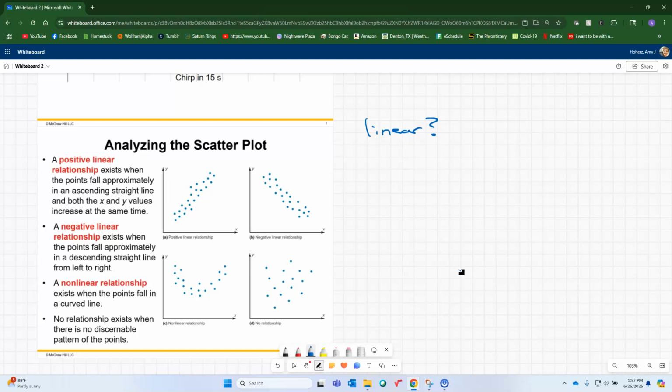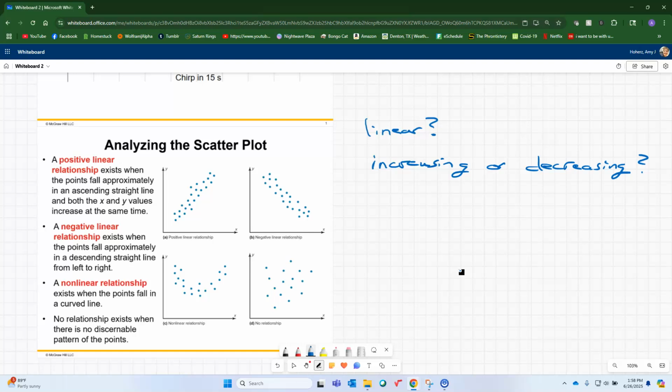We'll do that in chapter 10, which we actually are going to do after chapter 3, so if you're in the full semester course. But we want to know, does it look like it's increasing in kind of a line? And then we also want to know, is it increasing or decreasing in kind of a line, or is it not?